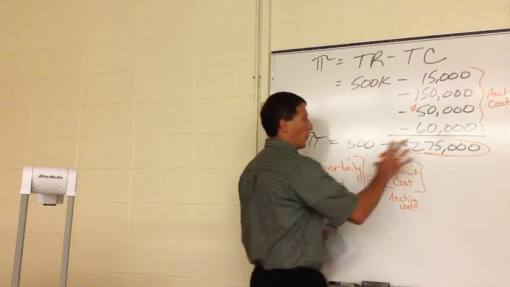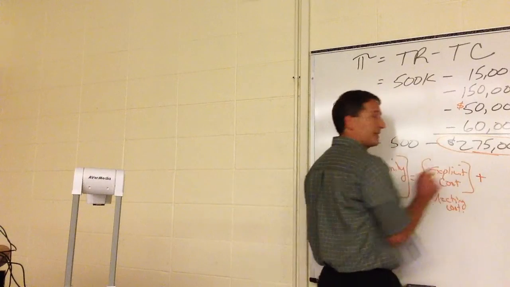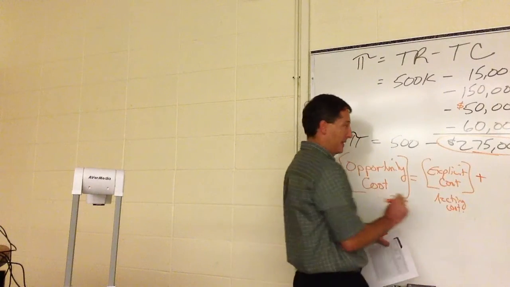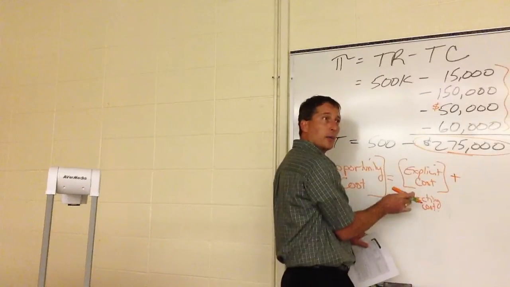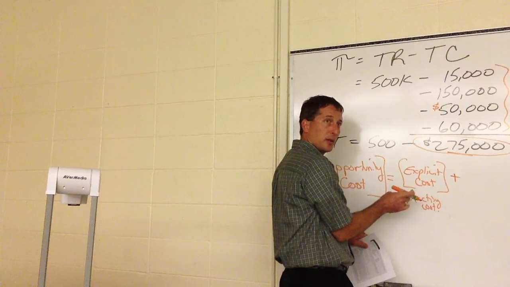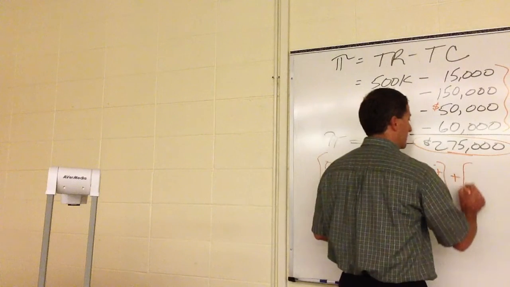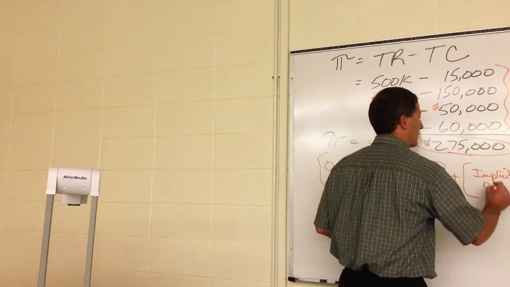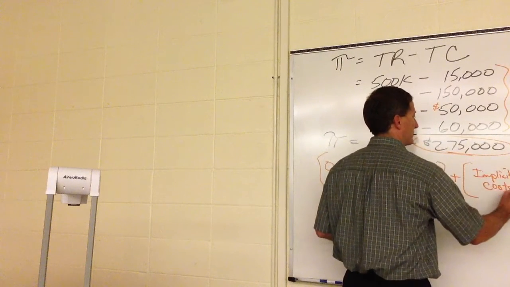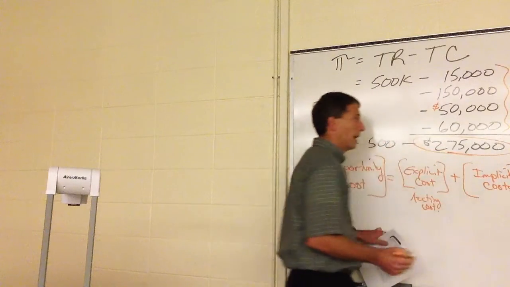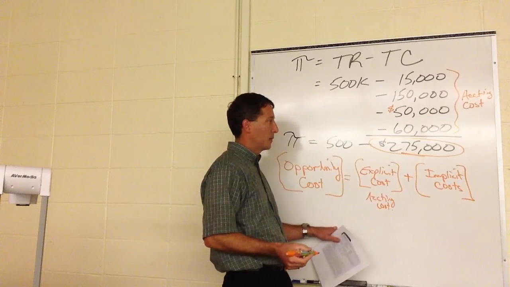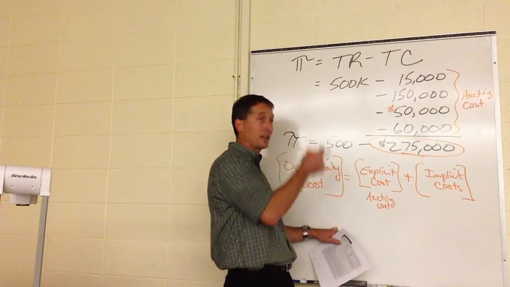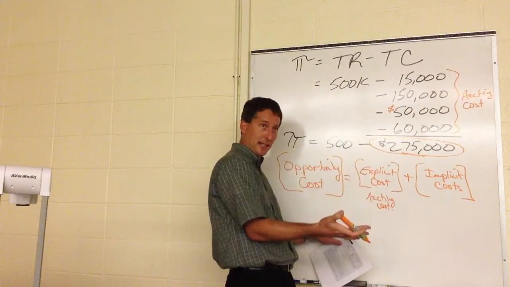Now, the part that makes economics is that we go beyond what the accountant had on their books and also include implicit costs. And those are the ones where we start to think, well, what could he have done if he didn't do what he did?